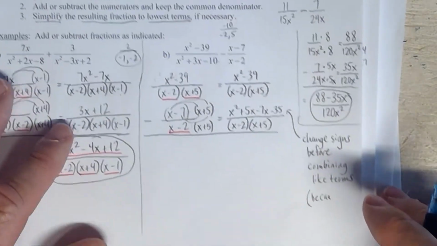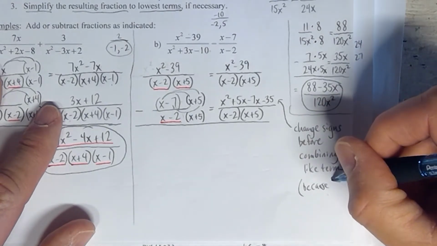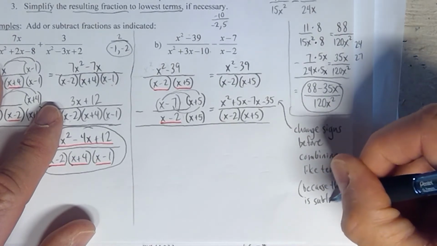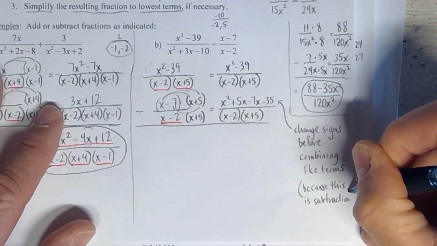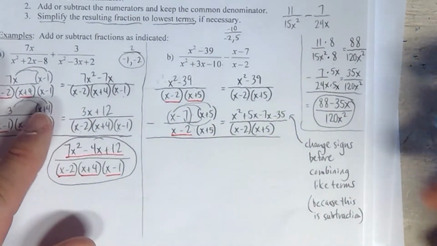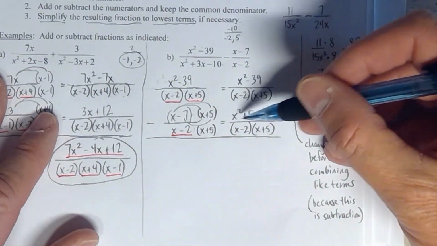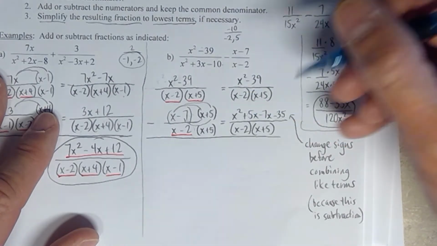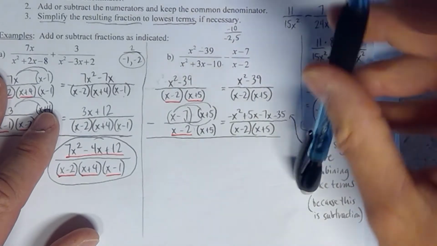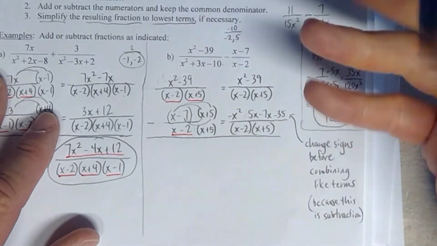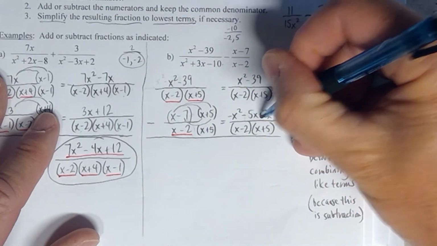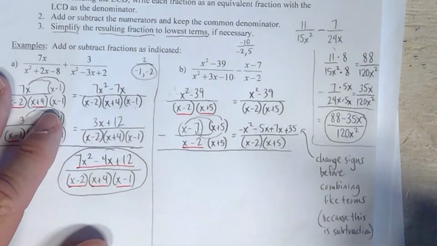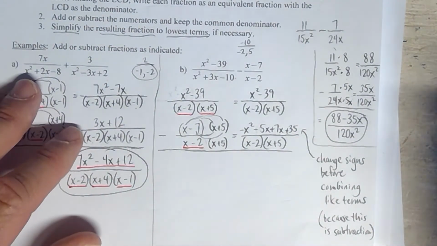Because this problem is a subtraction problem. The other problem was addition. So what we do then is change all of these signs. Notice this is positive, positive, negative, negative. So we're going to change it to negative, negative, positive, positive. Now you can combine like terms.